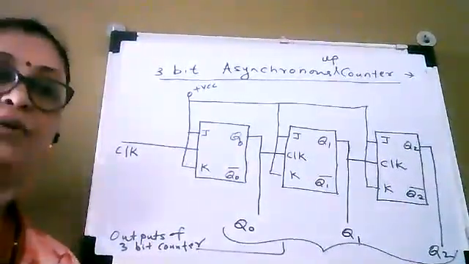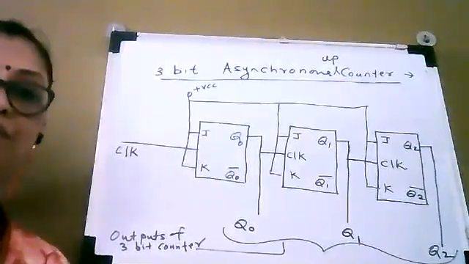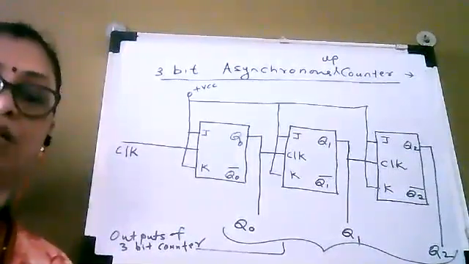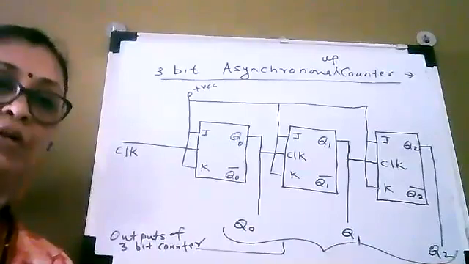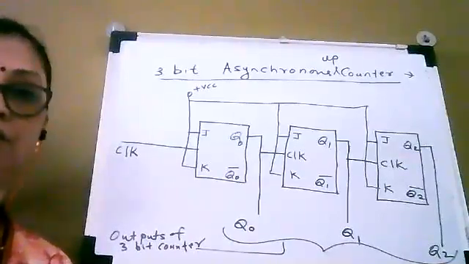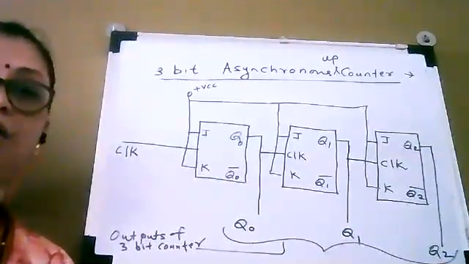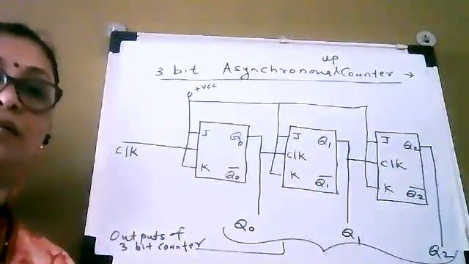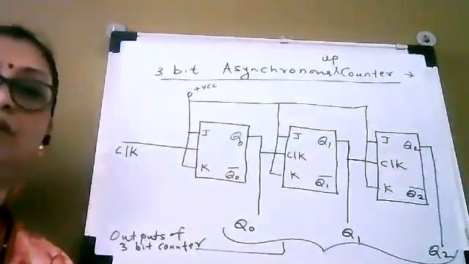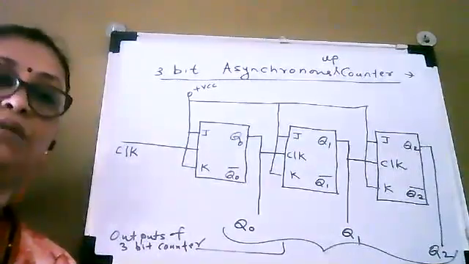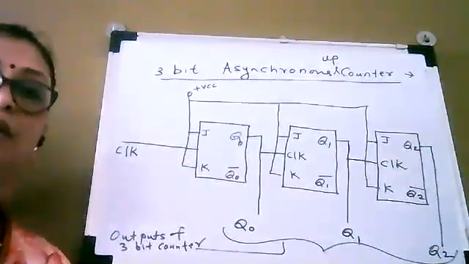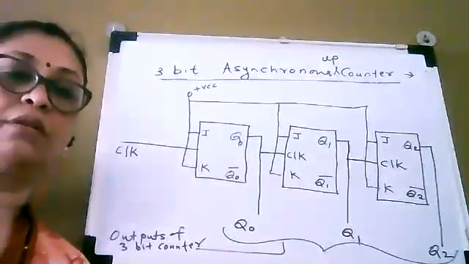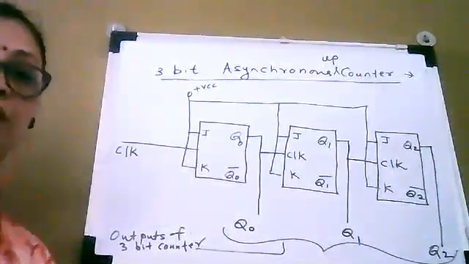In order to verify the working principle of this digital circuit, you have to assume the initial state. So let us assume that all flip-flops are in reset condition, because as this is an up counter, we will start from the first state and we'll assume that the counter is in the first state.